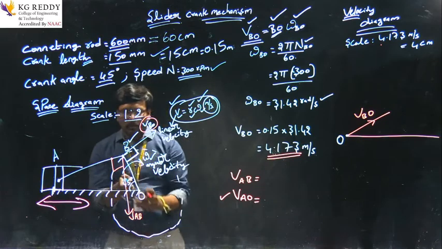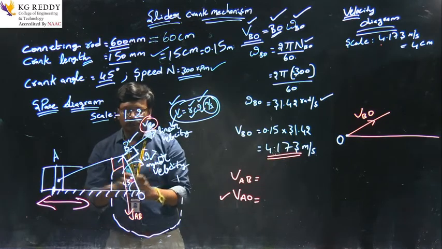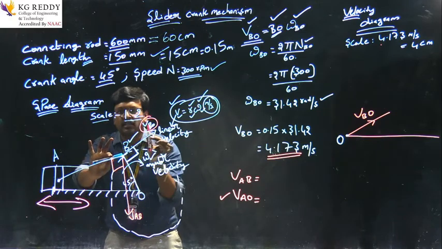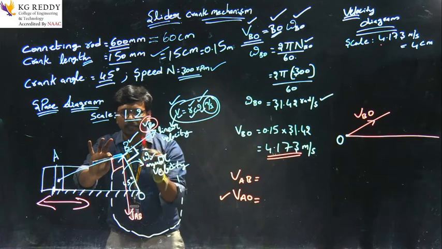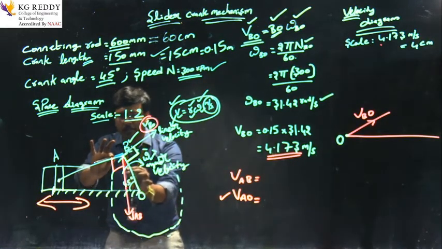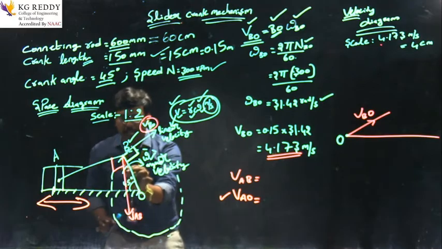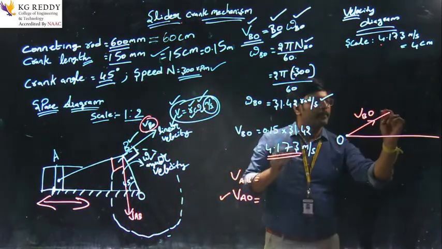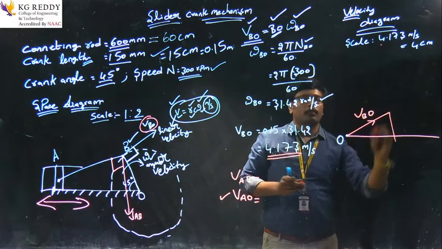If you see here, this is the connecting rod in a space diagram, and this is a velocity diagram, that is nothing but velocity of A with respect to B. So this is the same that I have to draw here.